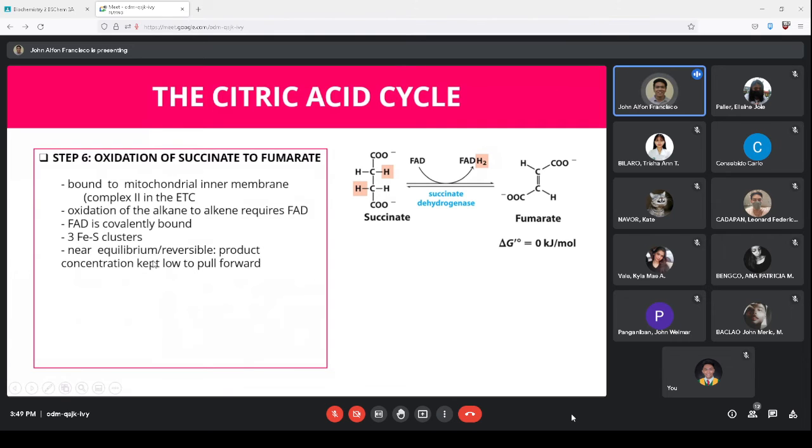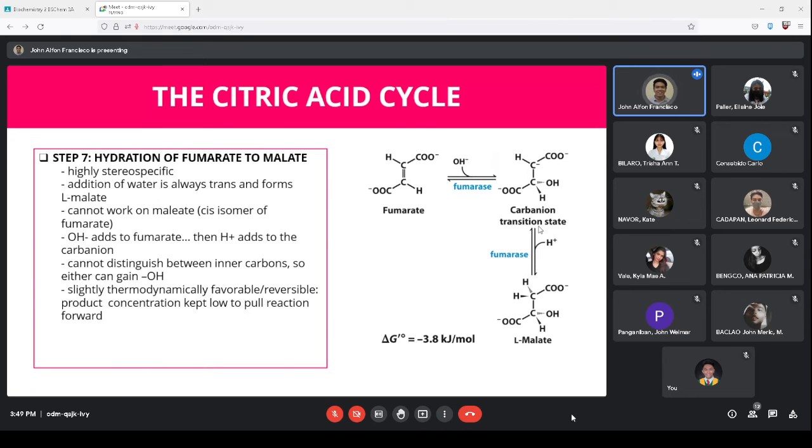So this is near equilibrium or reversible and product concentration kept low to pull forward. So it can either go here or go there depende dun sa demand ng cell. Okay, so you just convert your succinate to fumarate by removal of this hydrogen to form an alkene. And this is fumarate. Yun yung nangyari sa kanya.